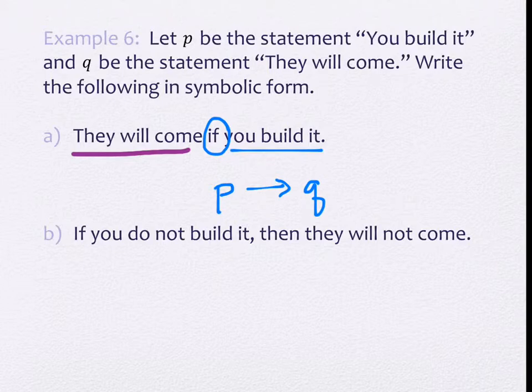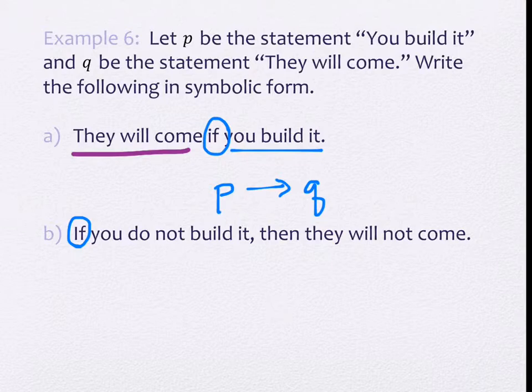All right, part B then. This time, where's the if? It's actually at the beginning, which makes it a little bit more intuitive. I think that's probably the word I want. So the if's at the beginning. It says, you do not build it. What would I write to represent the statement, you do not build it?